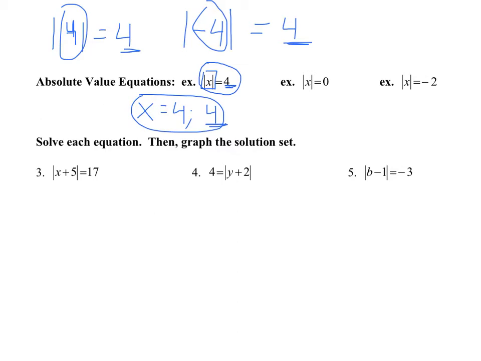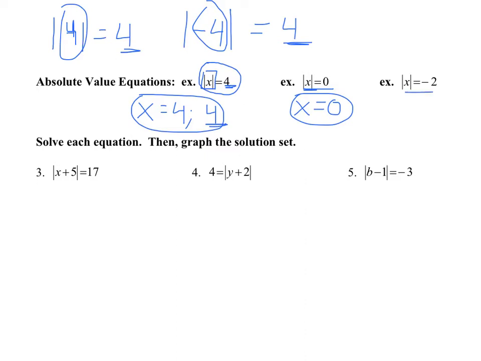The next 2 cases you don't see as much. You could say these are special cases. In the next example, if you have the absolute value of x equals 0, you're not moving from 0 on the real number line, so you only get one solution, 0. It doesn't make sense to say 0 and -0, because -0 is the same thing as 0. So if it's equal to 0, you just get one solution.